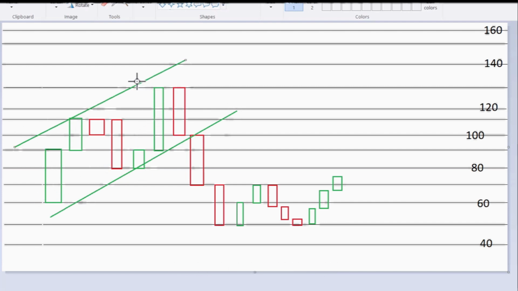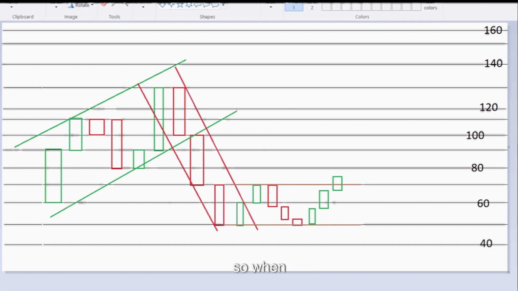From here, the market is now going down. And from here, the market is going sideways.